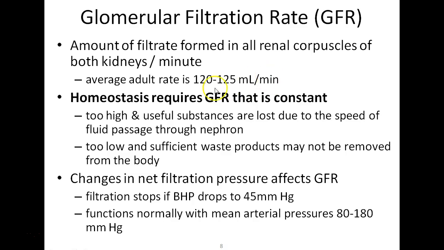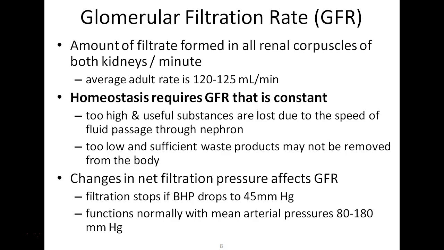So if we have too high of a GFR, then useful substances are going to be lost due to the speed of fluid passage through the nephron. If that GFR is too low, then we have important waste products that might not get removed from the body.